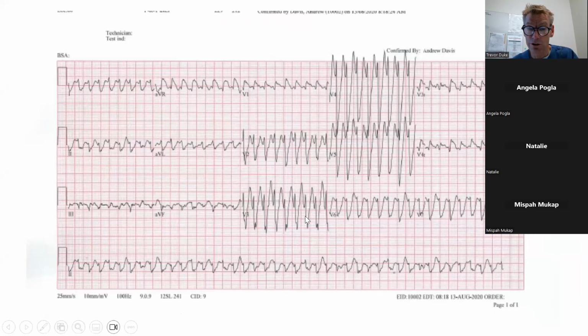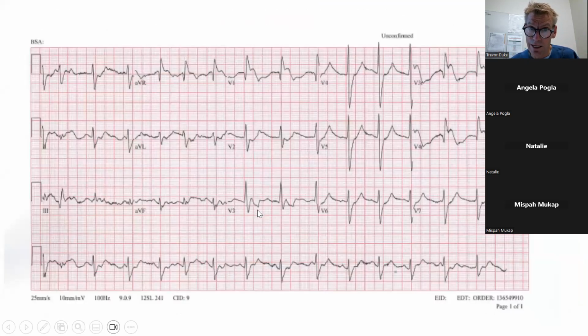Okay, this is another child who's got Brugada syndrome, a different child with ventricular tachycardia. You can see the widened QRS complexes. And again, the characteristic of the ECG, once the child's reverted, you can see this slurred upstroke on the ST elevation. Again, it could be other things, but this is Brugada syndrome causing ventricular tachycardia.